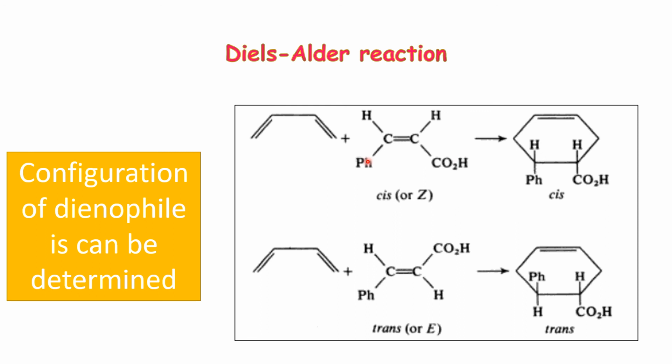So if the dienophile is present in isomeric form and you want to distinguish which one is the cis isomer and which one is the trans isomer: upon undergoing Diels-Alder reaction, the cis isomer still remains cis. The trans isomer again retains its configuration.